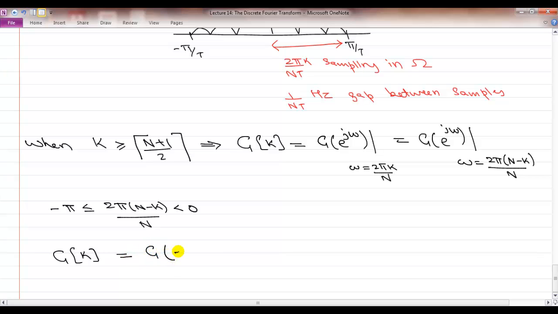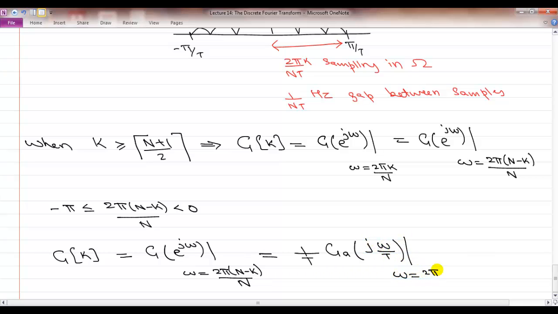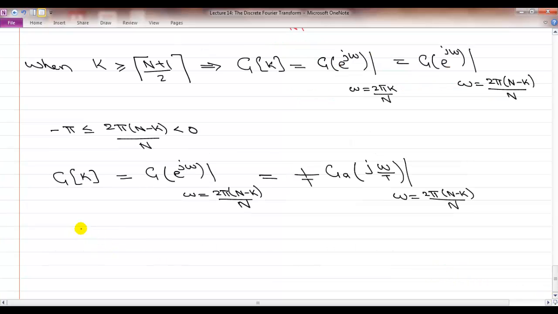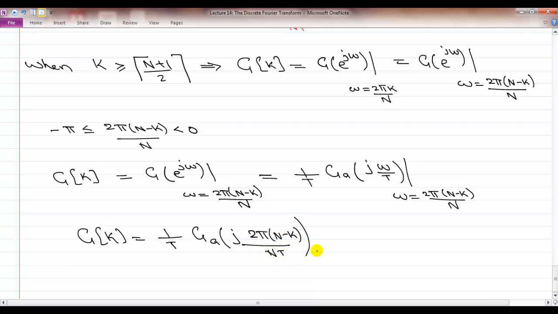So our G[k] is G_d of e to the j omega, with omega equal to 2 pi N minus k over N, but that is equal to 1 over T G_a of j omega over T, which means that G[k] is equal to 1 over T G_a of j 2 pi N minus k over N T. Okay.